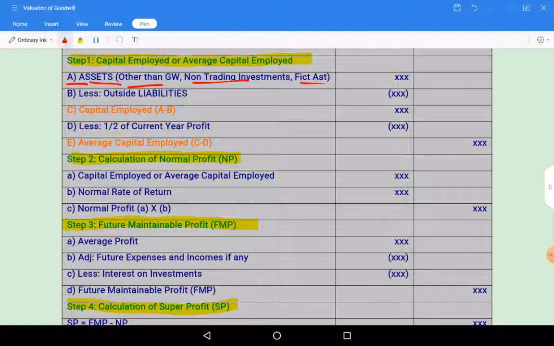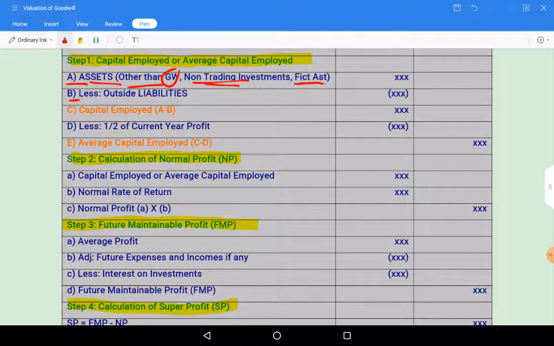If revalued figures are given, we need to take those revalued figures, but other than goodwill, non-trading assets and fictitious assets like preliminary expenses, P&L account debit balance, discount on issue of shares, premium on redemption of preference shares or debentures. These are called fictitious assets. These should not be considered, and non-trading investments should not be considered. As we are calculating goodwill, we should not consider goodwill.